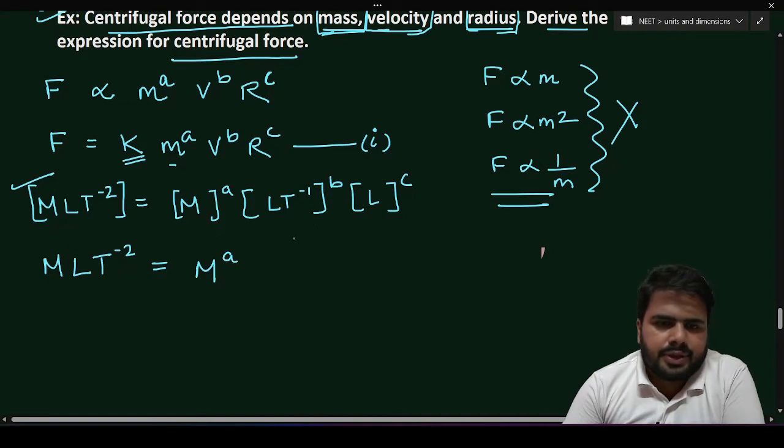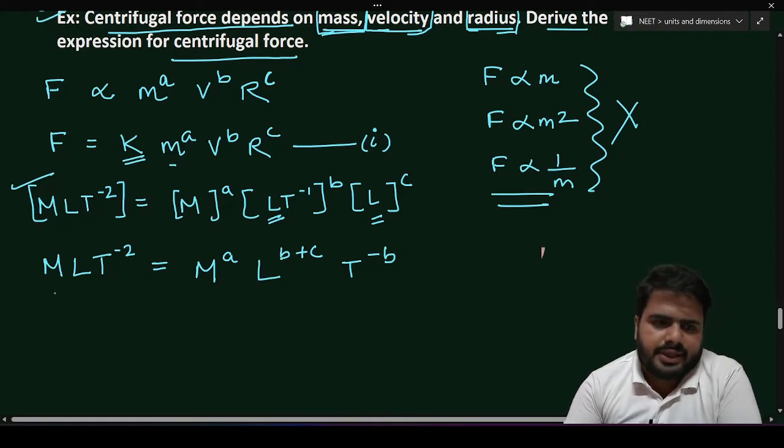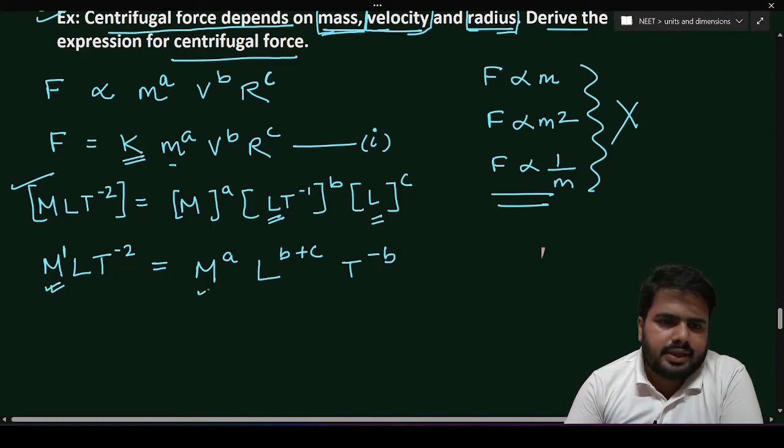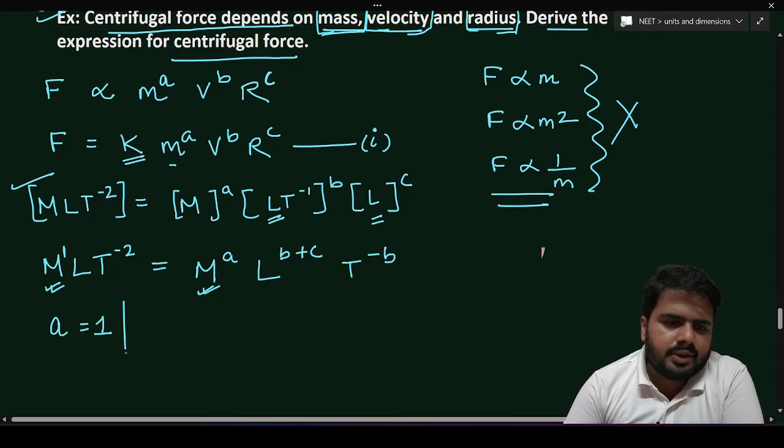Now you simply open the brackets, it will be L to the power b plus c, since the base is the same, so you can add the exponents, and T to the power minus b. Now you simply compare the LHS and RHS. Here you see M has a power of 1 on the LHS, and on the RHS M has a power of a. So you can write a equals 1.